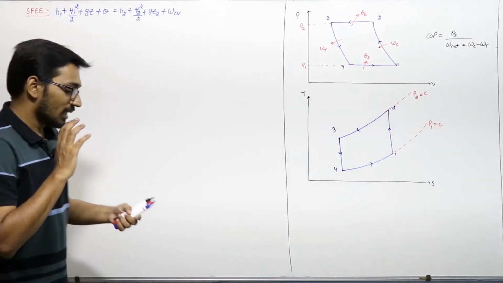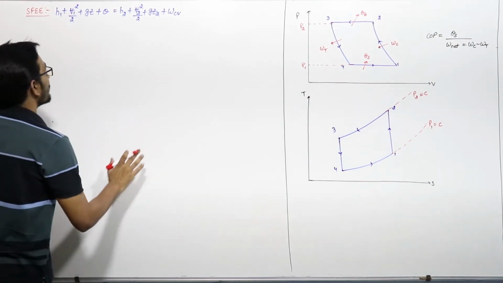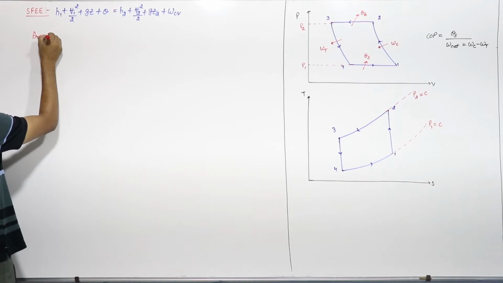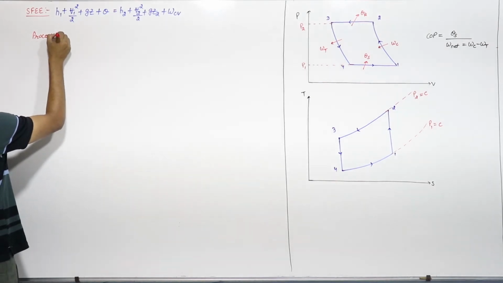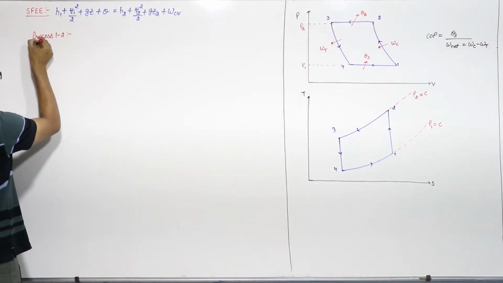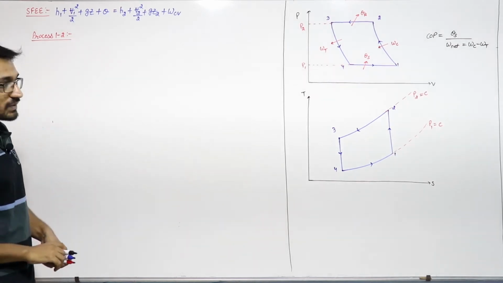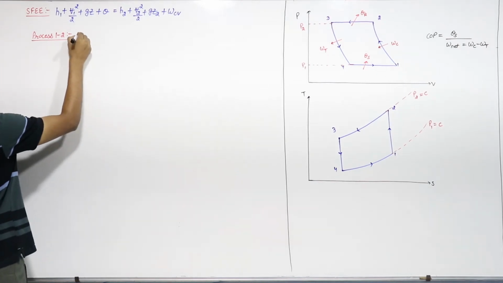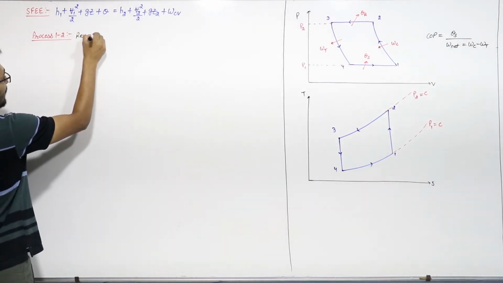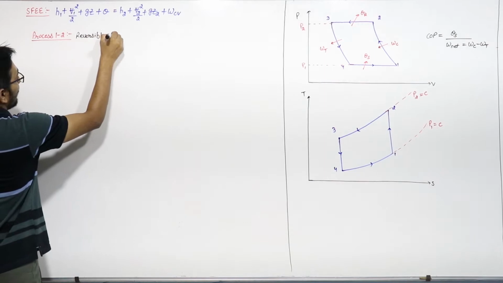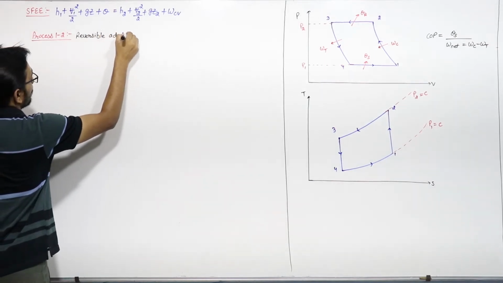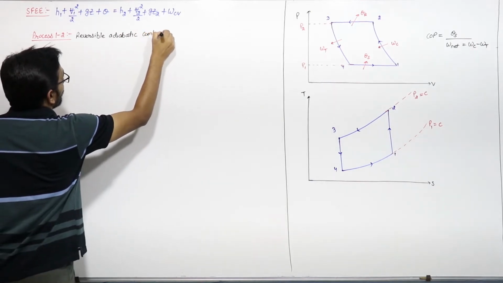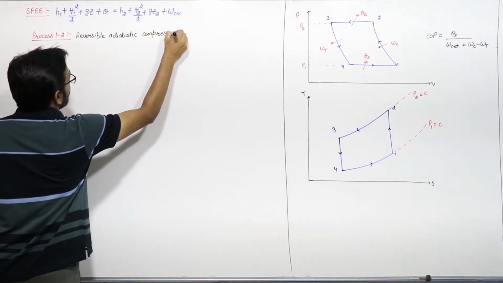Now let us apply this equation to one process at a time. Let us take process 1 to 2. This process 1 to 2 is your reversible adiabatic compression. This is the first process, right?